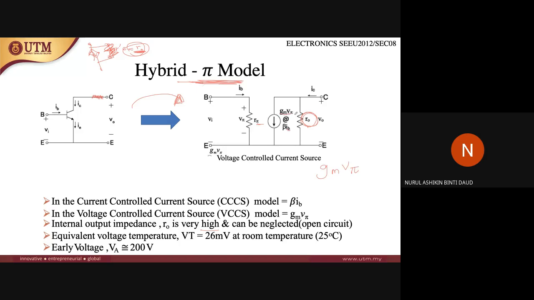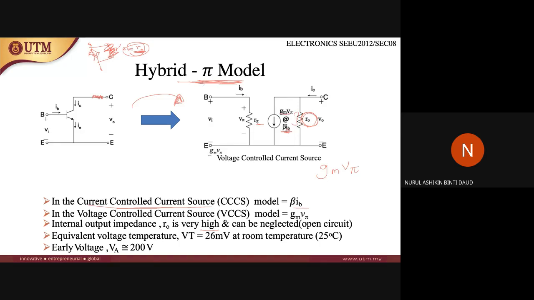So what is the difference between these two? Beta IB is also known as the CCCS model, which is current controlled current source. What does that mean? It means that the current at the collector is controlled by the current at the base.